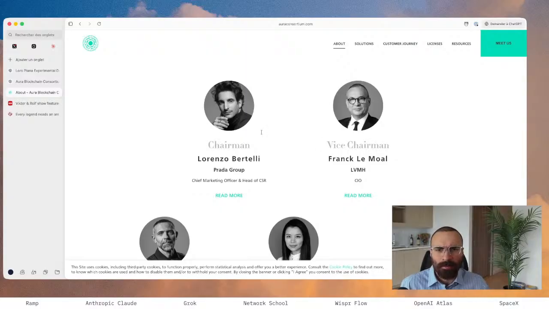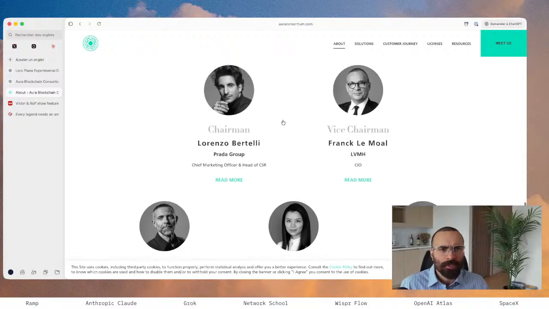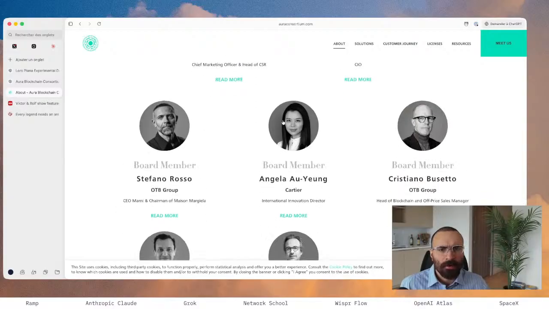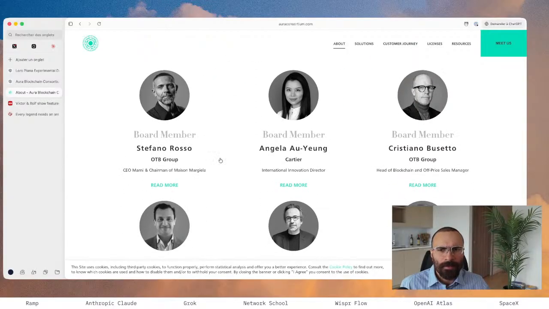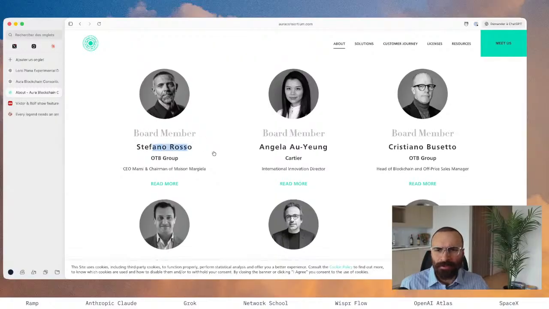Chairman, vice chairman. Chairman is from Prada, Lorenzo Bertelli, chief marketing officer, head of CSR. Vice chairman is Frank Lemoyle, LVMH CIO. Then you have OTB, Cartier, OTB, Cristiano Bussetto, Stefano Rosso.